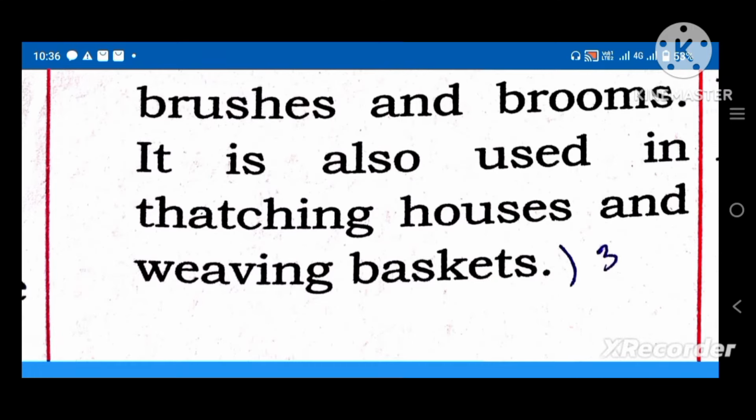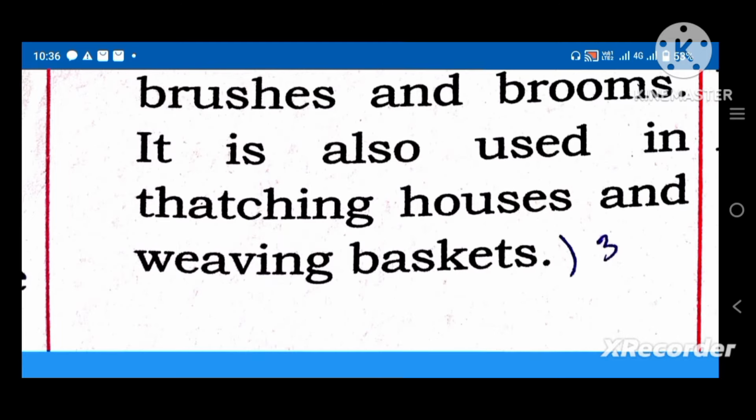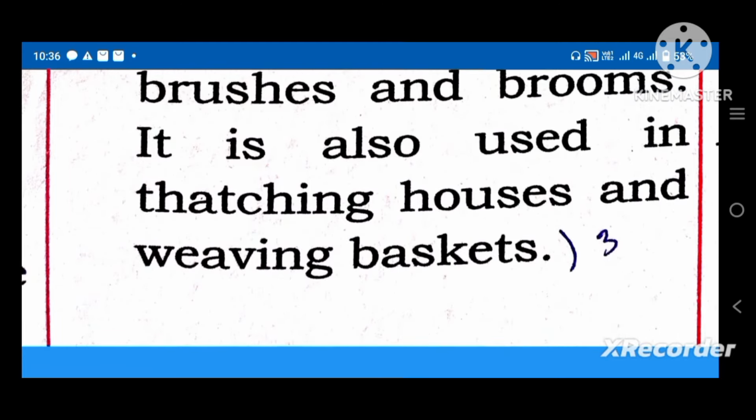It is also used in thatching houses and weaving baskets.